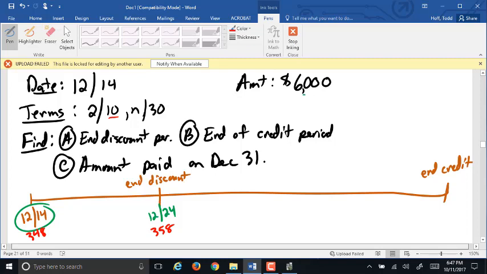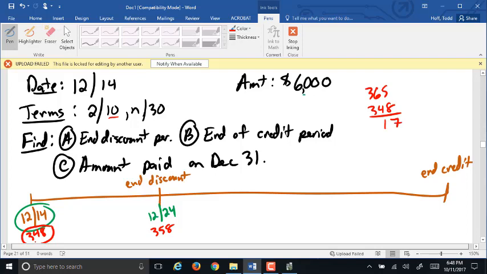Now here's the problem. We go to the end of the year. Since we're going to go past the end of the year, we're going to take 365, the number of days in a whole year, and subtract the invoice date of 348, which leaves us with 17.